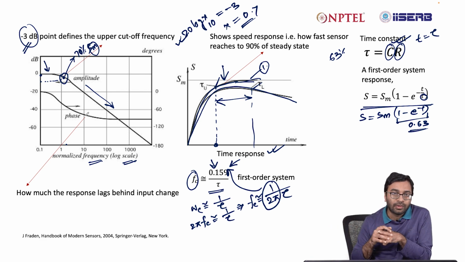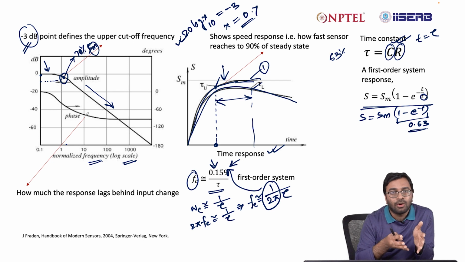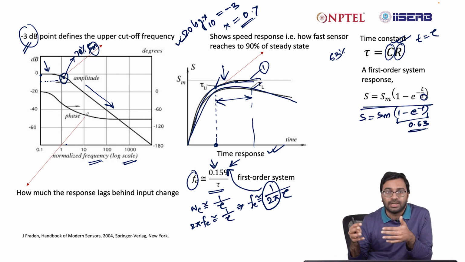So, we also have to figure out what is the phase margin and what is the gain margin. I am not going into details of this discussion, because you probably have studied this in either a control system or analog circuit course, and based on phase margin and gain margin, you can figure out whether the system is stable or unstable. If it is unstable, then it will start oscillating or something of that sort, right?